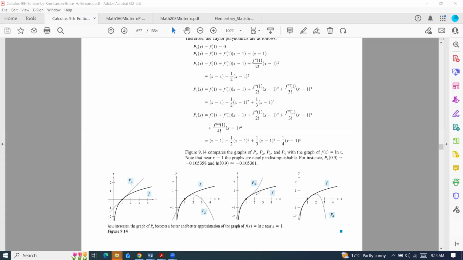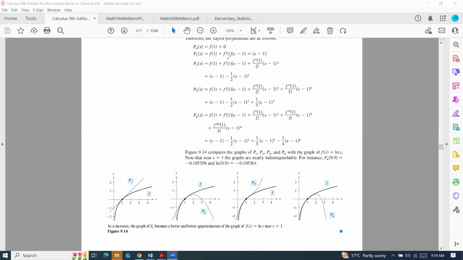So the idea is to be able to get it approximated with an infinite series. So the first term will be a polynomial of degree 1, the first degree polynomial, like they have here.